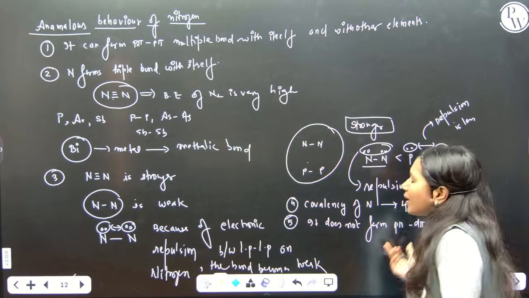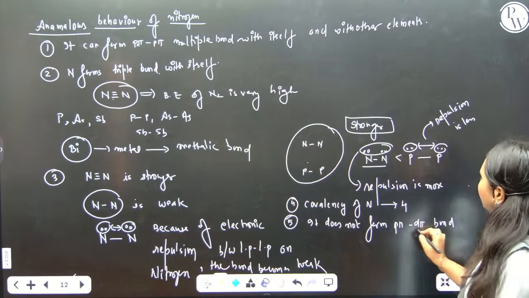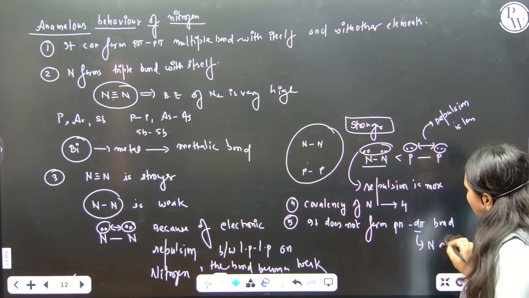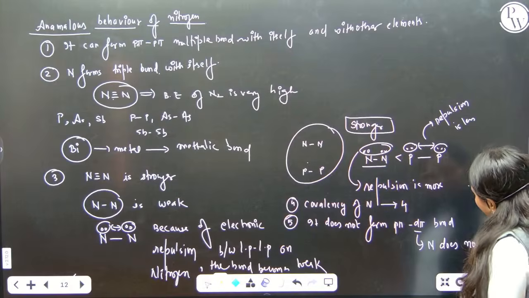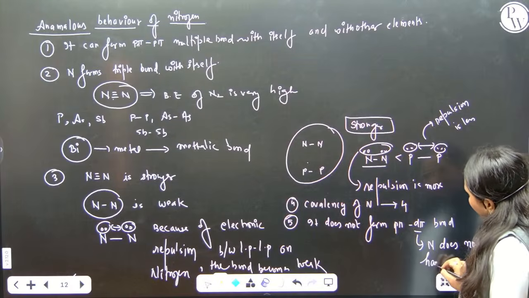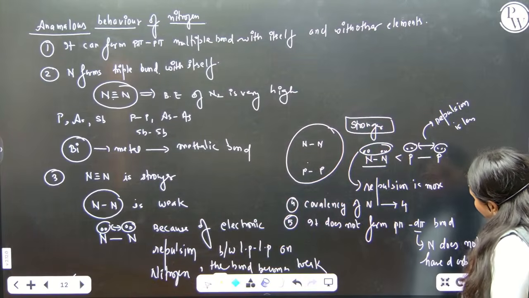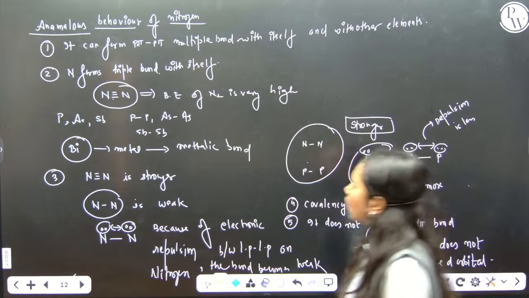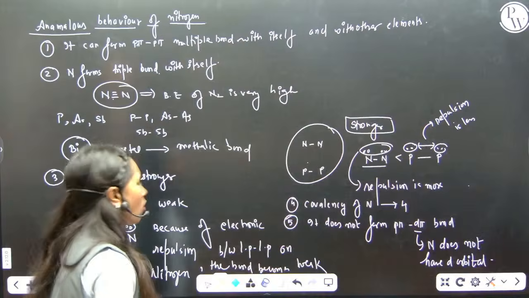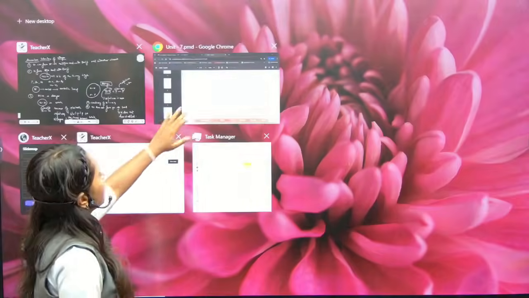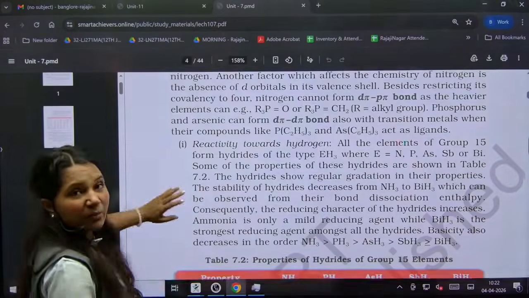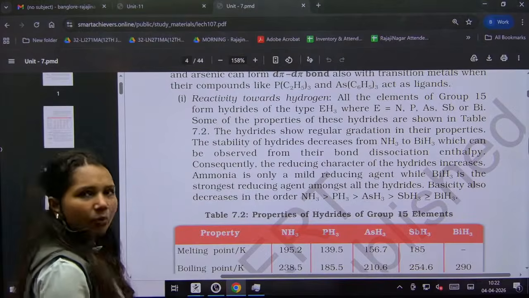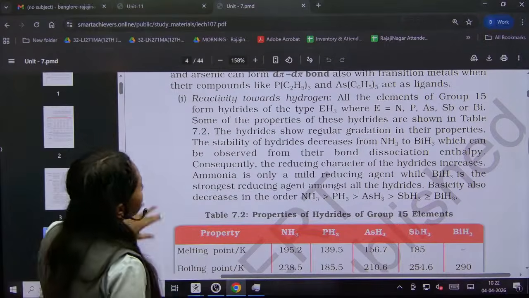To form a p pi d pi bond, it should have a d orbital, and nitrogen does not have a d orbital. Okay, so this is the anomalous behavior of nitrogen we have done. Because it is mentioned in the portion, it is very important to read it thoroughly.